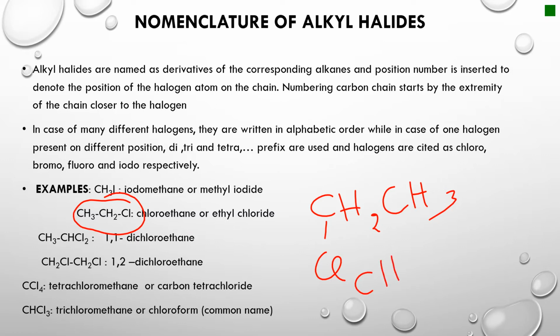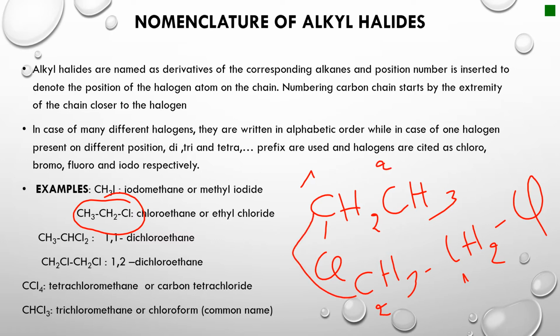Or it can be here. So if you are to name the two molecules, they will have the same name, because this will be 1 and 2. Again, this one will be 1 and 2. And all of these molecules will give the same name here.